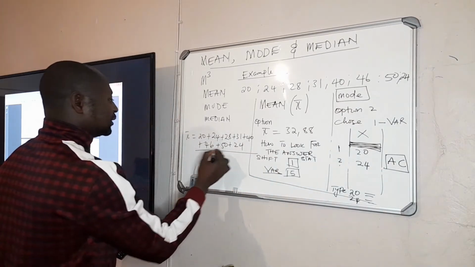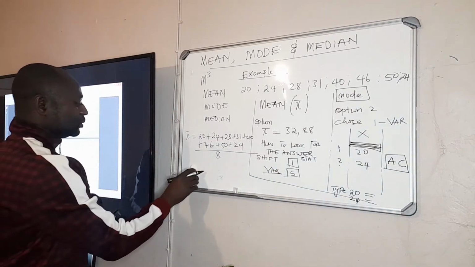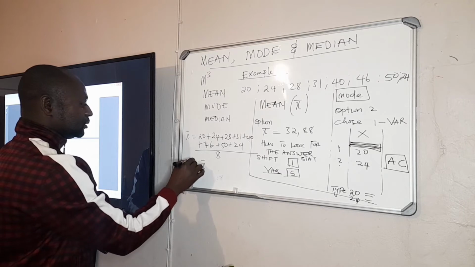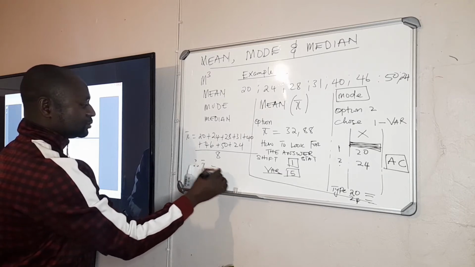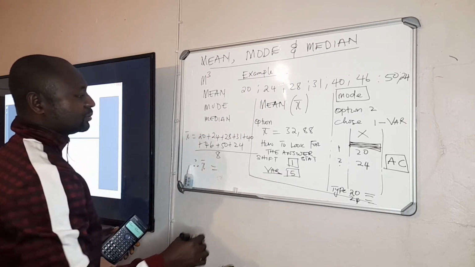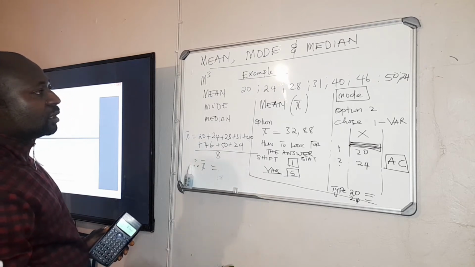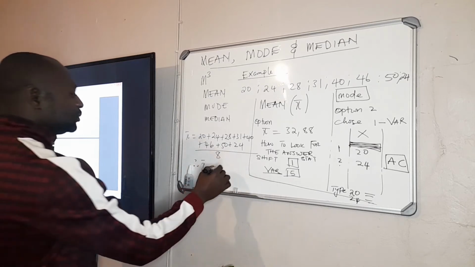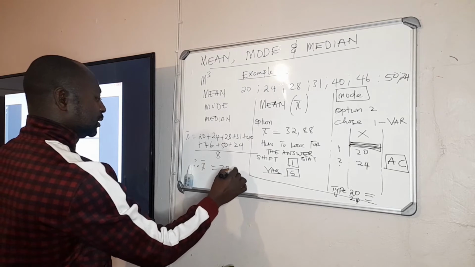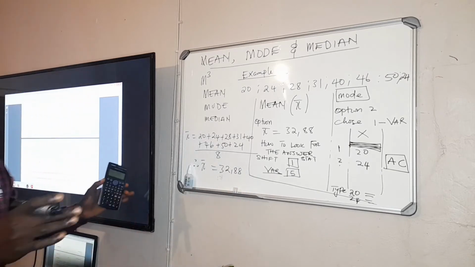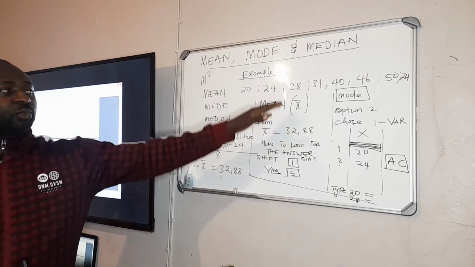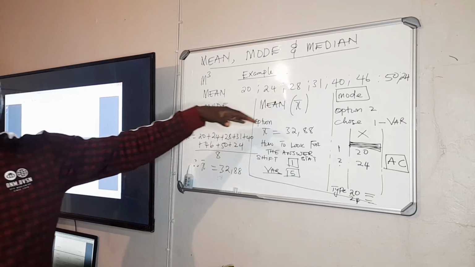So you divide everything by 8, and that will also leave you with X bar. You say therefore X bar is equal to the same answer, which is, what did we get? 32,88.